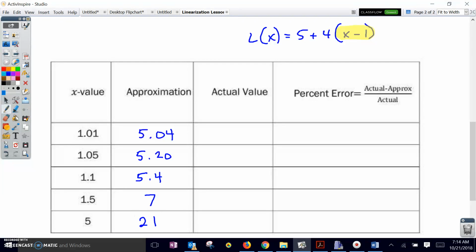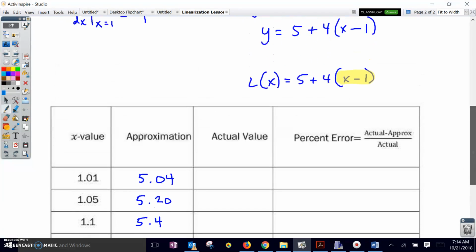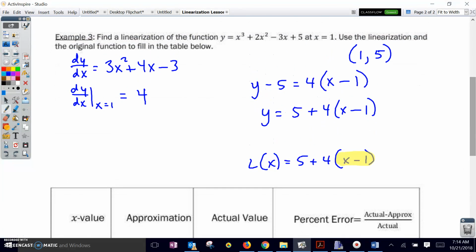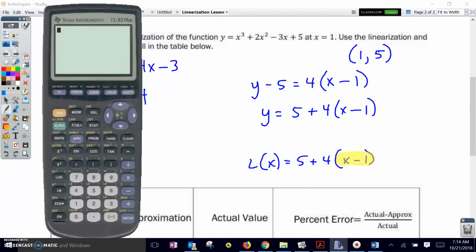Alright, now let's find the actual value of the function at these points. So to help me here, I'm going to just put this into my table function.